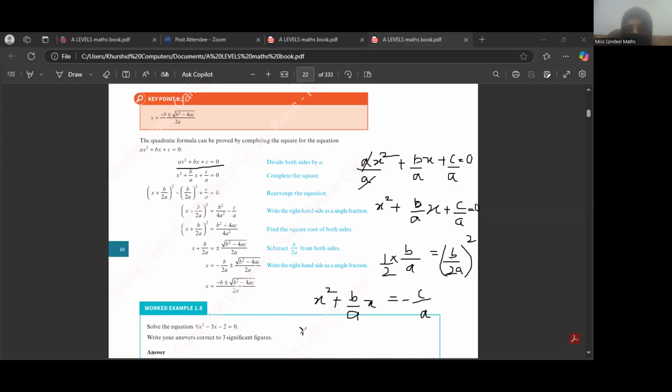So if I add over here x plus b upon a x plus b upon 2a whole square, I added it on the left side of the equation and I have to add it on the right side of the equation as well.